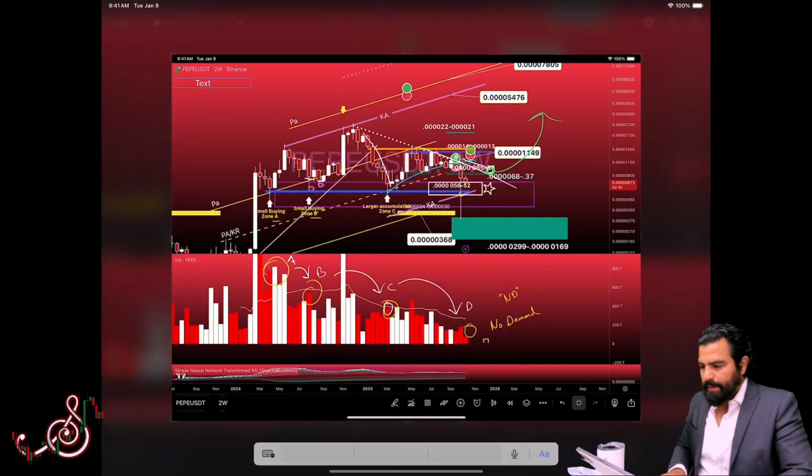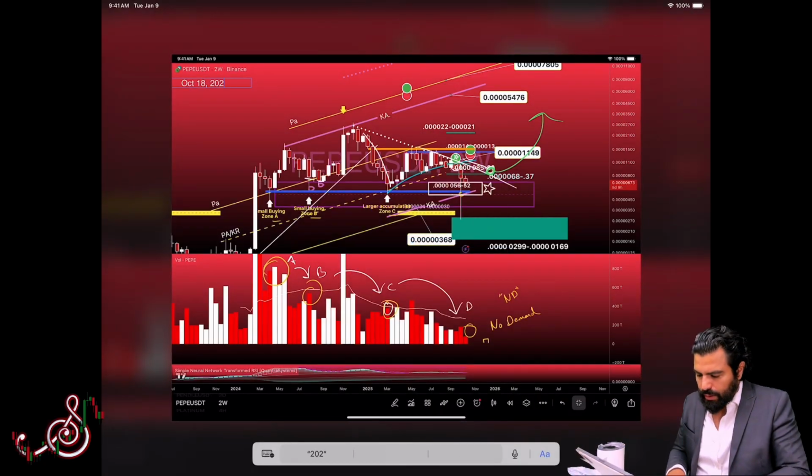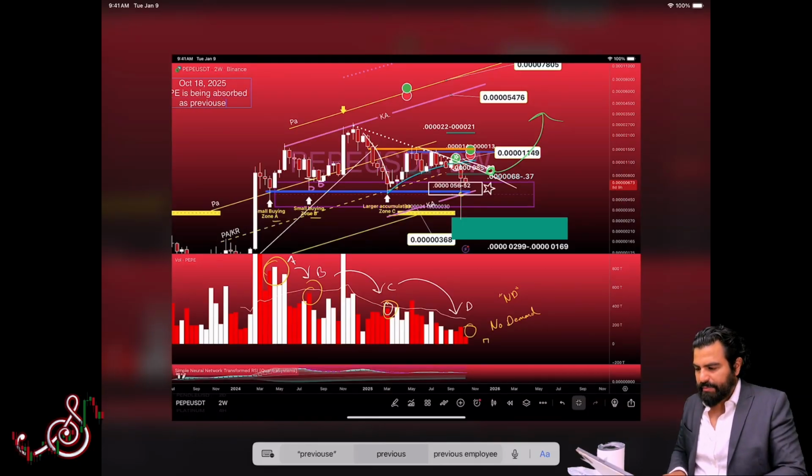Okay. PEPE is being absorbed, as previously discussed in September, near 0.0000056 to 52 area.